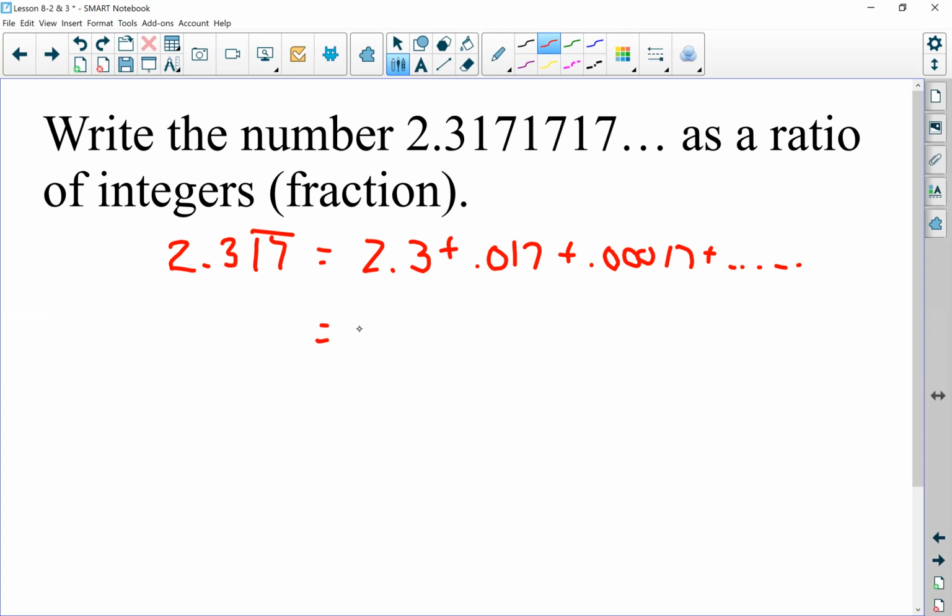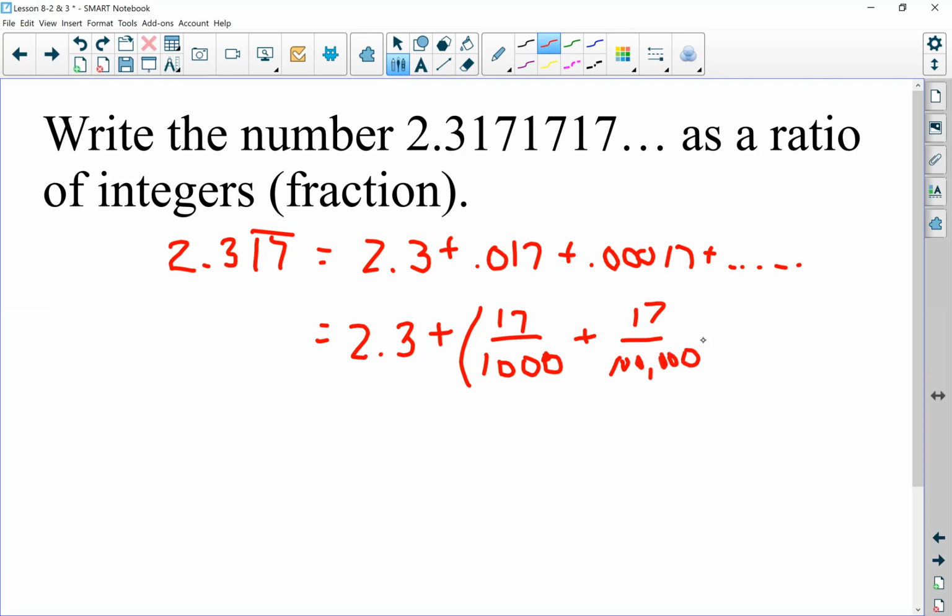So the 2.3 has absolutely nothing to do with the geometric series. It's not part of what's repeating. Everything else is. So here we have 17 over 1,000, plus 17 over 100,000.